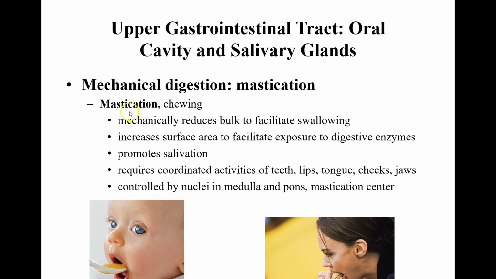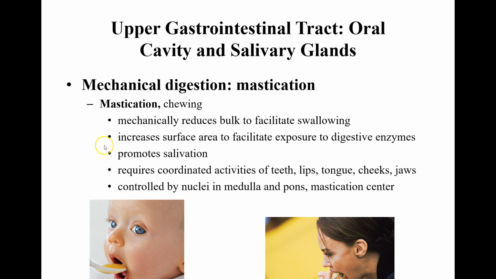Mastication is then chewing. So mastication occurs typically with teeth. That's what we think about. But even as an infant, we chew with our gums. And so the types of foods we eat definitely differ from infancy to adulthood.